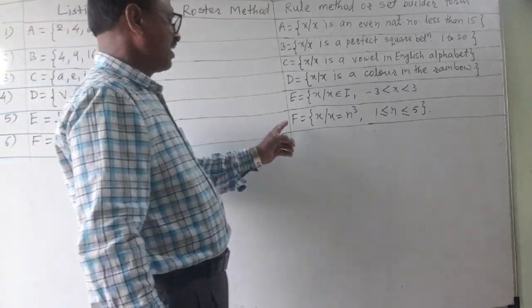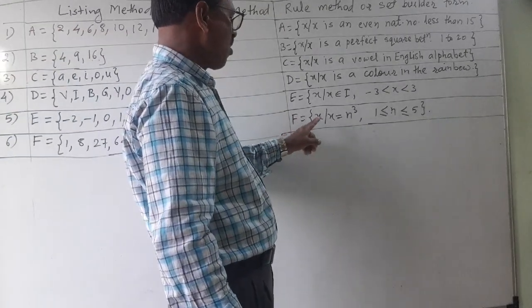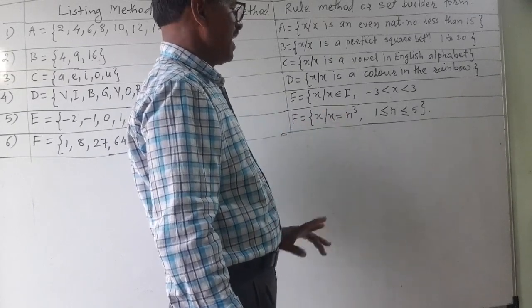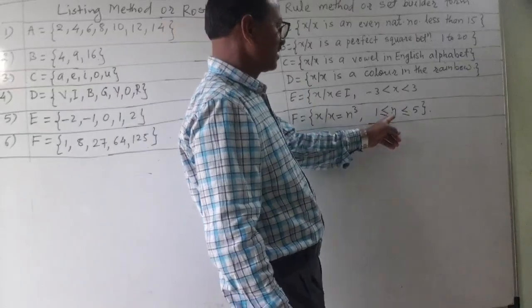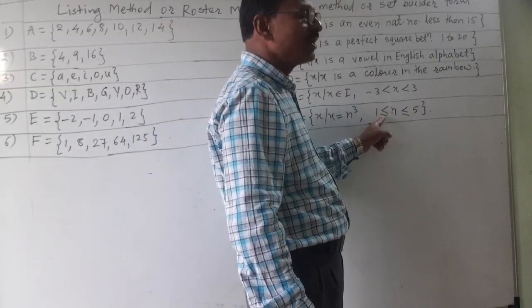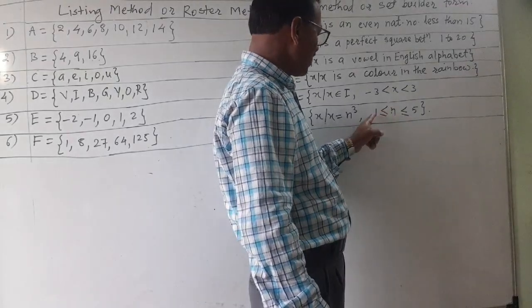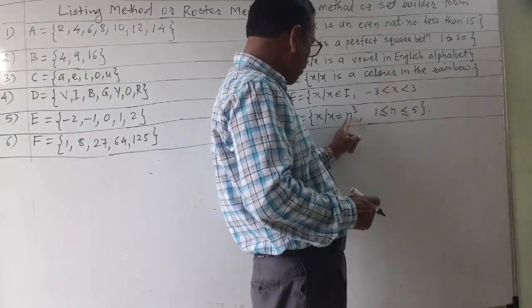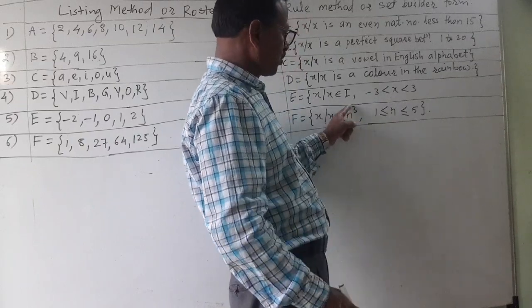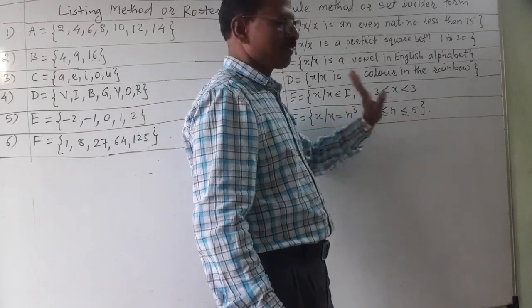So here F is a set of all x such that x equal to n cube. And that n value is between 1 and 5. So here is equal to also. Means the value of n is 1 also. 1 cube, 2 cube, 3 cube, 4 cube, 5 cube and stop.